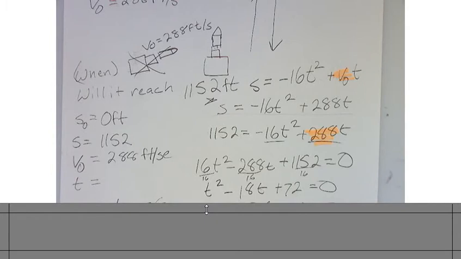So our next step is to find two numbers that when I multiply them, I get positive 72, but when I add these same two numbers, I get negative 18. Does anybody have a clue what those two numbers are? Naturally we think of 7 and 8, but when you add those up, it's 15, not 18.